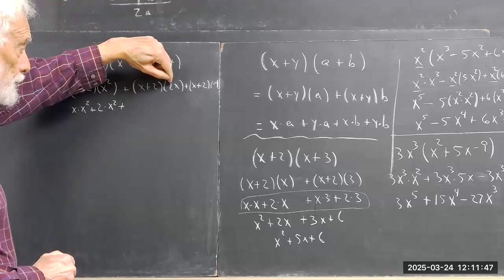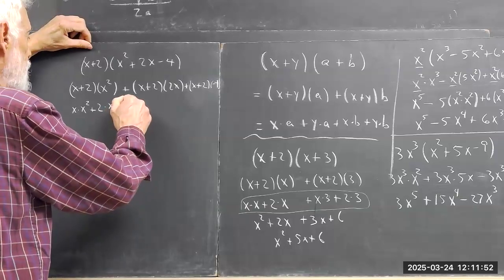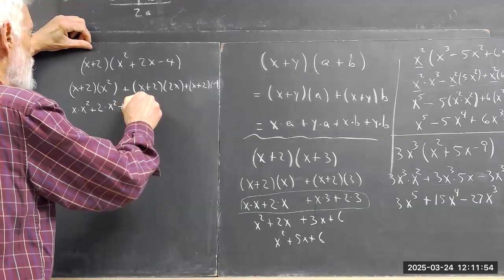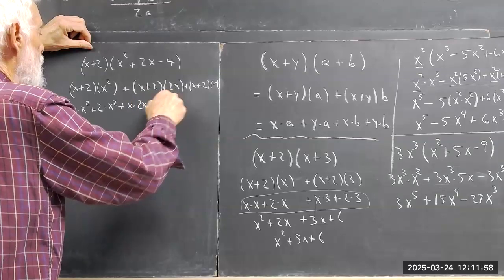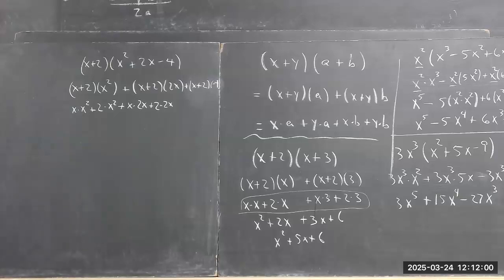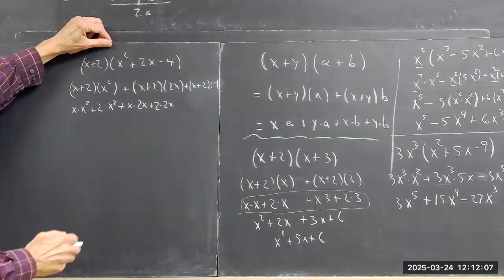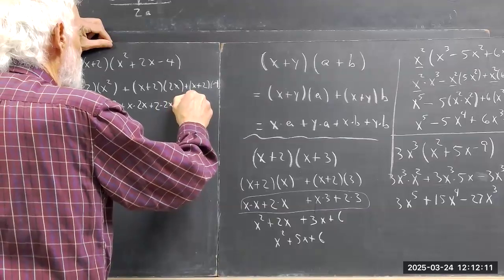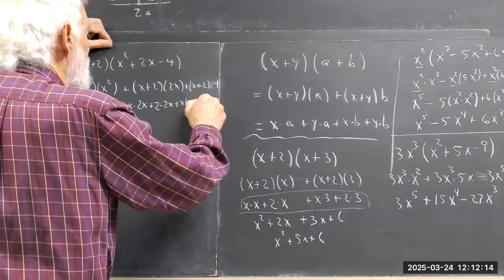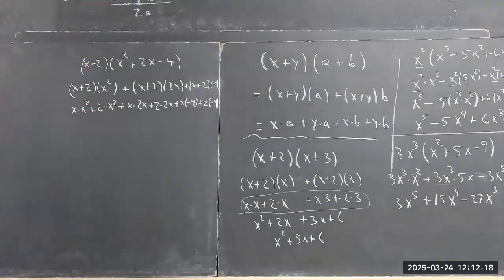So x multiplies 2x and 2 multiplies 2x. So we have x times 2x plus 2 times 2x. And then what do we have? X plus 2 multiplies -4. That means we have x times -4 plus 2 times -4.